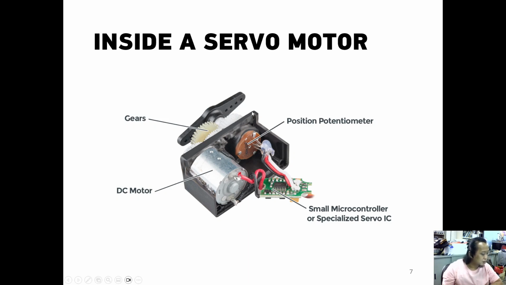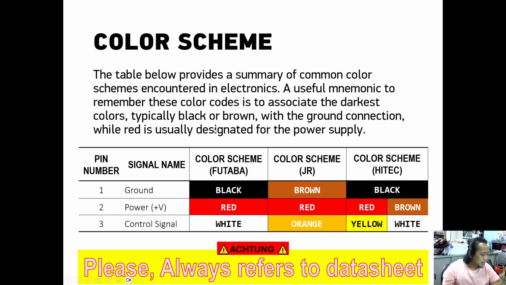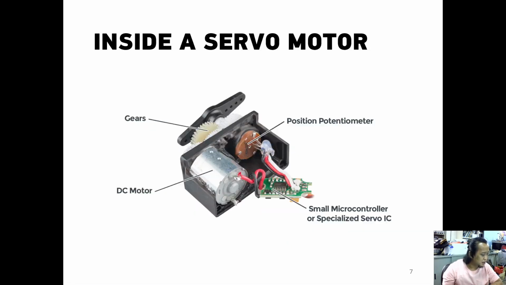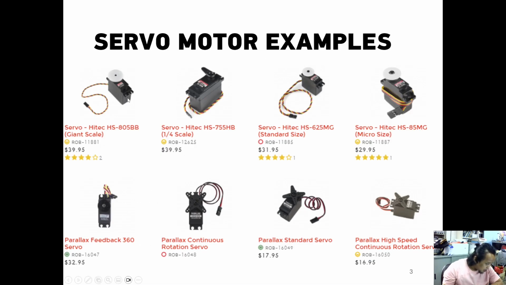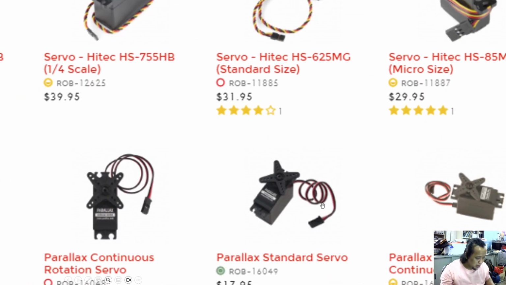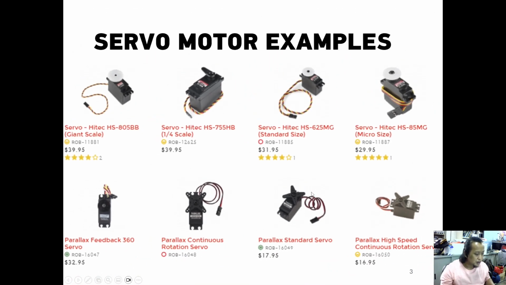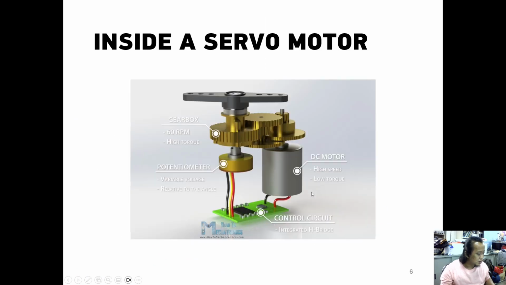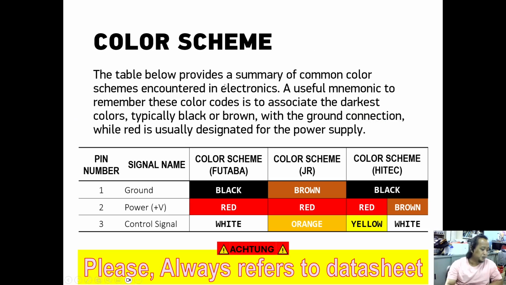This is the gearbox, and this is the color scheme. As I said before, we can see that the color is mostly black, red, yellow, but this one is different: black, red, white, maybe.